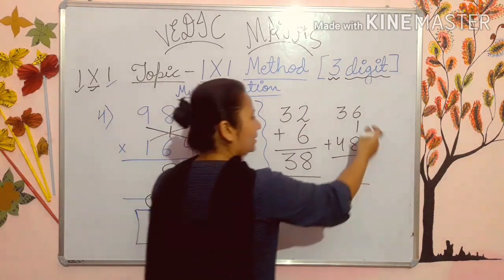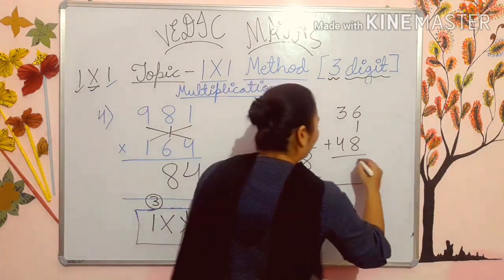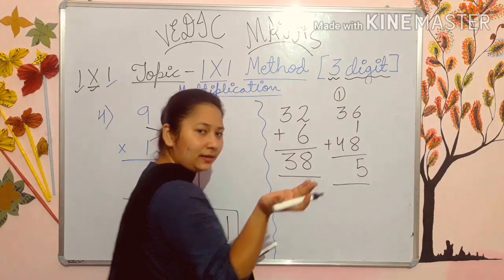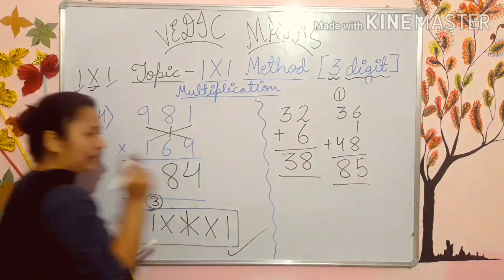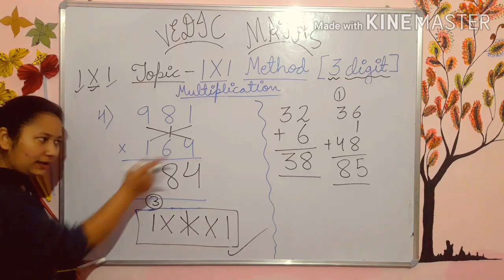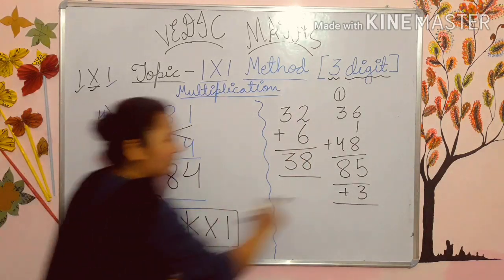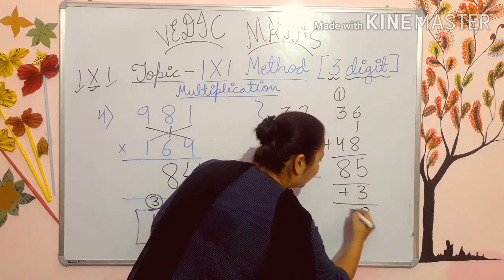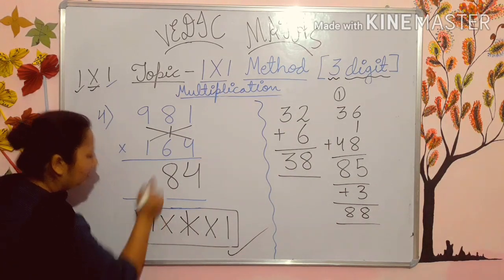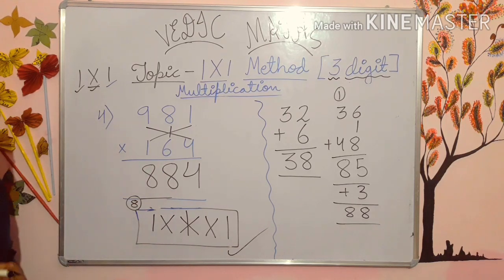Now add them. 8 plus 1, 9. 9 plus 6, 15. 5 here, 1 will go carry. 4 plus 1, 5. 5 plus 3, 8. 85. Now 85 is there and 3 is also there. So carry is there, add them. 85 plus 3, 88. 8 will come here and the next 8 will go carry.